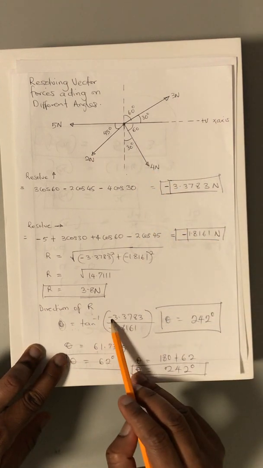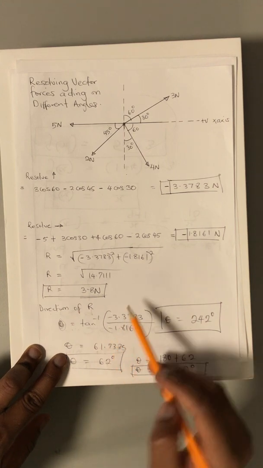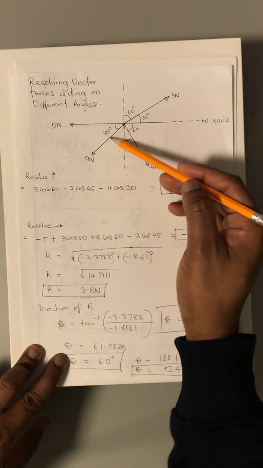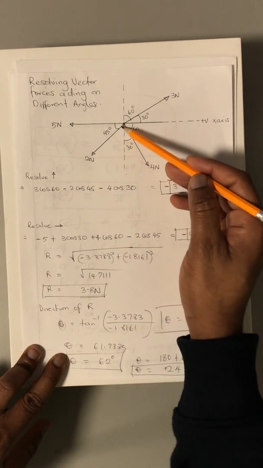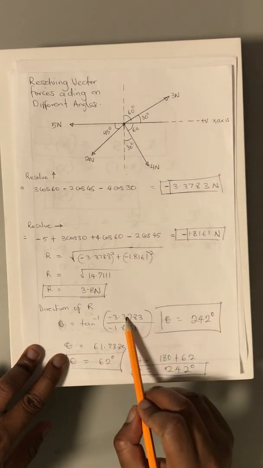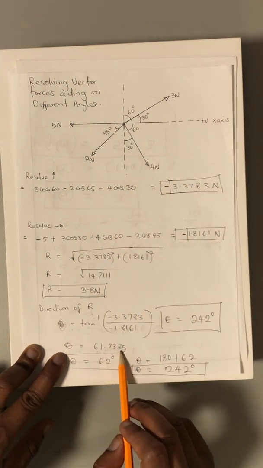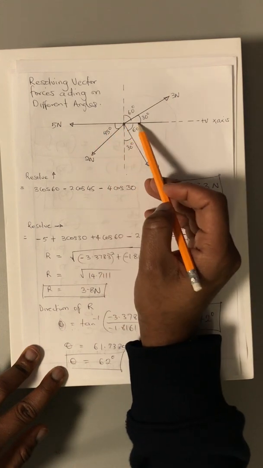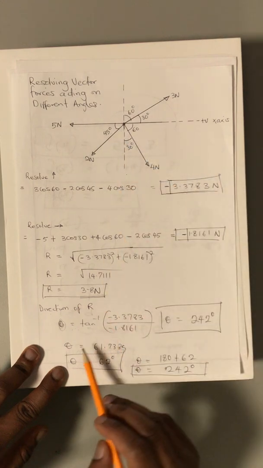Now, let us look back at the signs we have here. As we can see, these signs are negative. So therefore, the resultant force lies in the third quadrant. For us to have 61.7385, we have to add 180 degrees of the first two quadrants to the angle that we have.